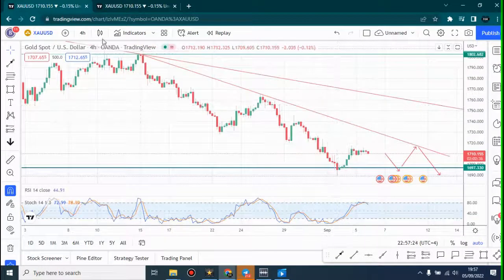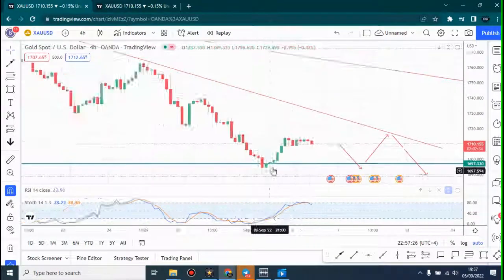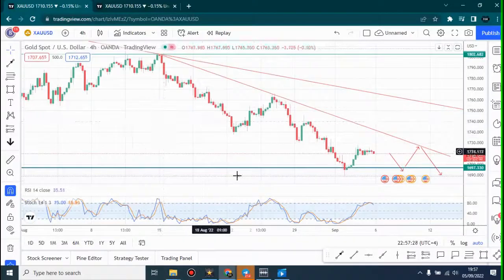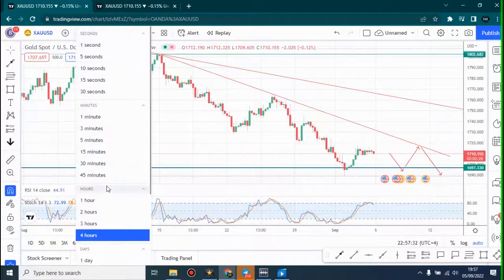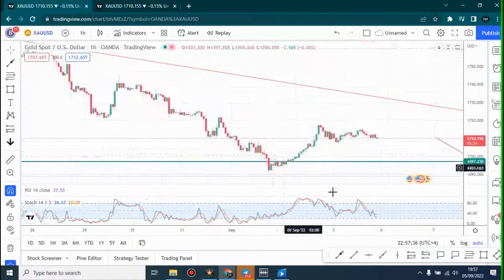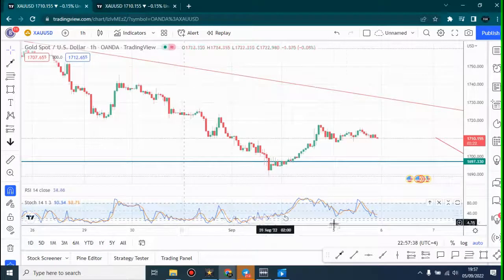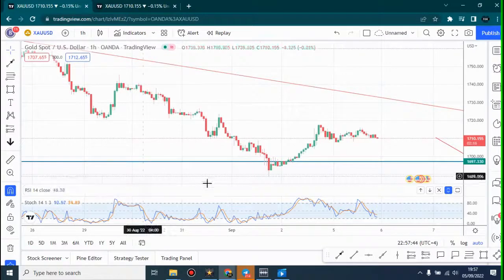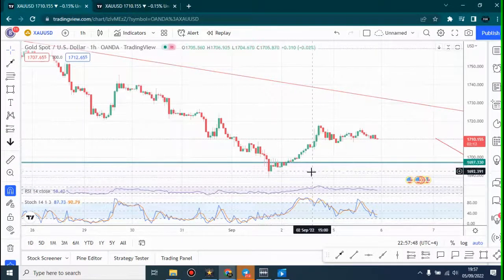Now I'll come down to my hourly time frame. Okay, on the hourly time frame, we are still seeing in the stochastics that it's still bearish. Now let's go to the RSI.